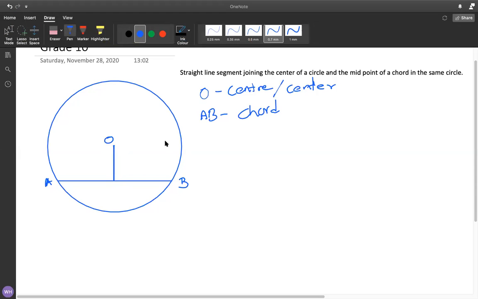All right, so this will be the line which is joining. Let's appoint a letter for that point. Let that point be C, the intersection point of the chord, the midpoint of the chord.